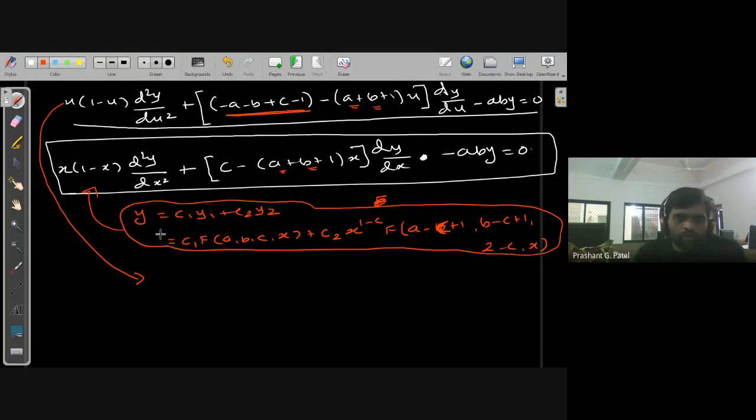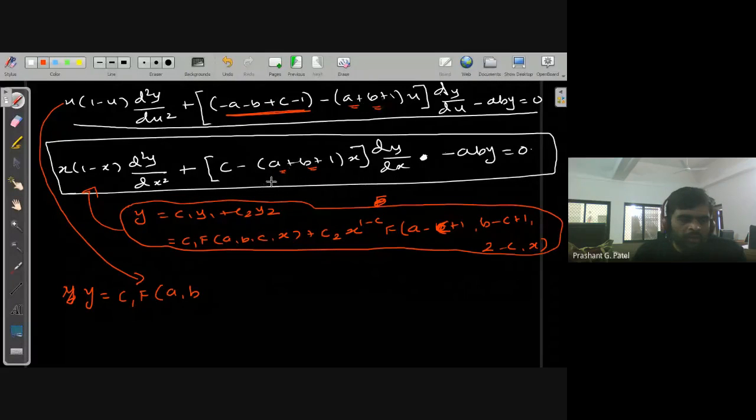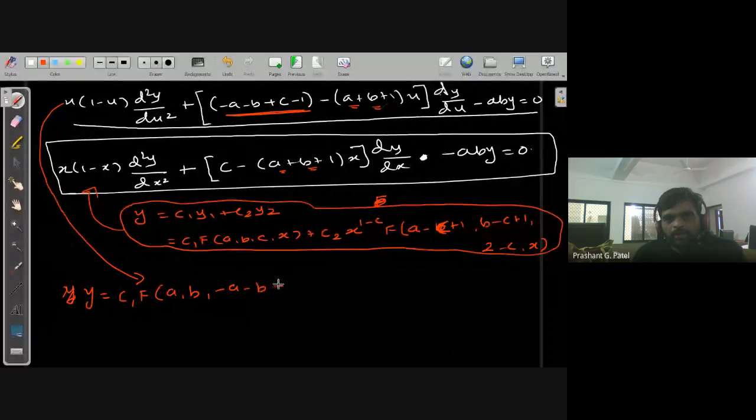So the solution for this equation, that is y in terms of u, is c1 F of a, b as it is, but instead of c we have this quantity, that is minus a minus b plus c minus 1, u.